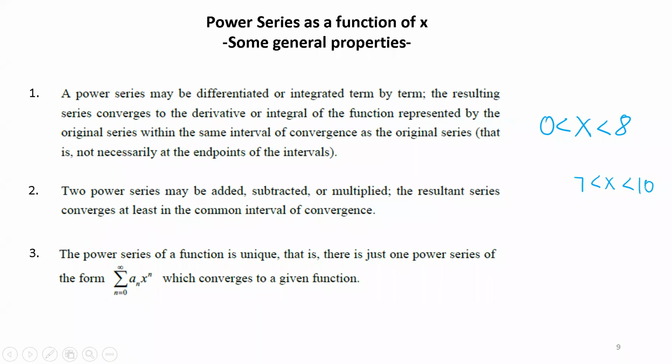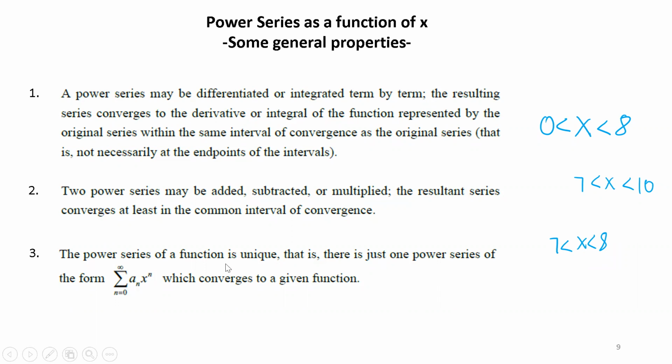Then the common interval of convergence would be between 7 and 8. If you do these operations with the two series, the resultant series will be convergent within this common interval. At least, it could be even wider than that, but it really depends on the case that you are considering.